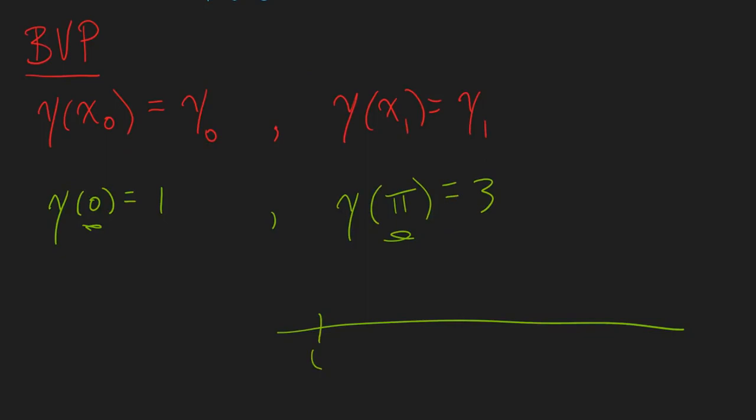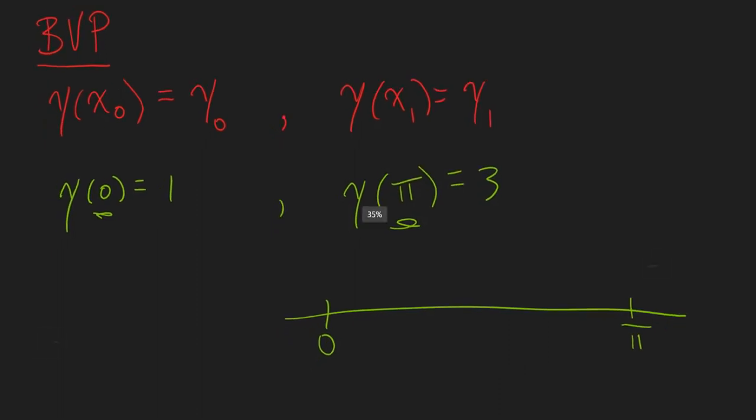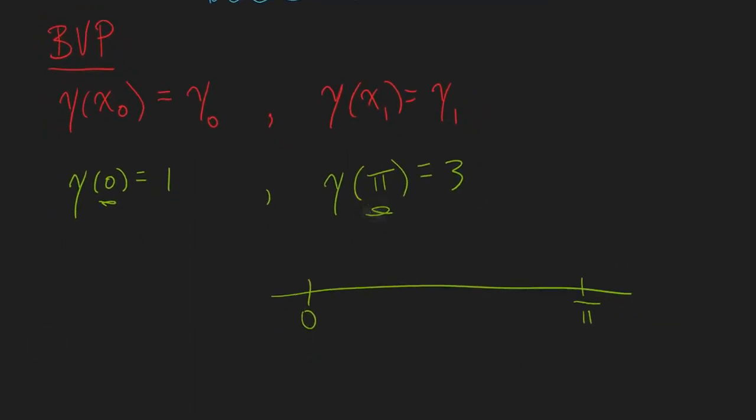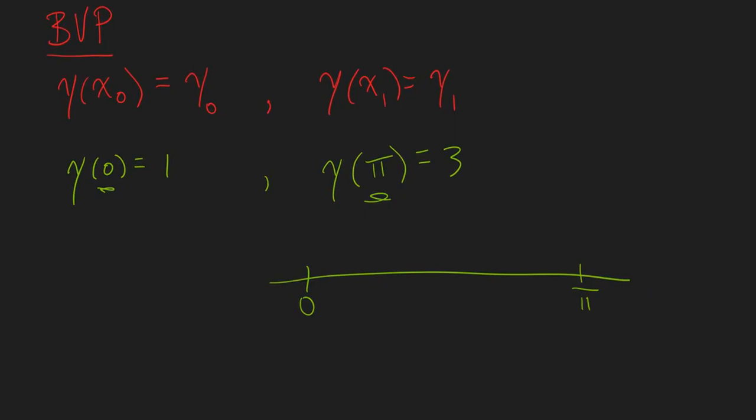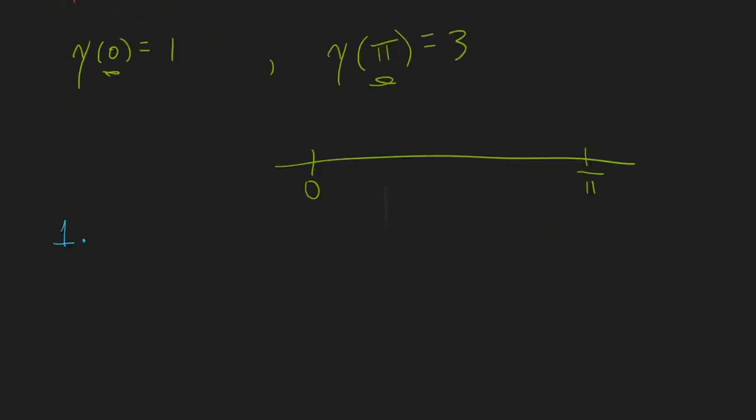So we would have 0, and then pi, and we would be finding the solution over this boundary. Whereas in initial value problems, all of the initial conditions were at one point, either 0 or pi or whatever other point we decided. Boundary value problems aren't always unique, and they fall into three different categories.